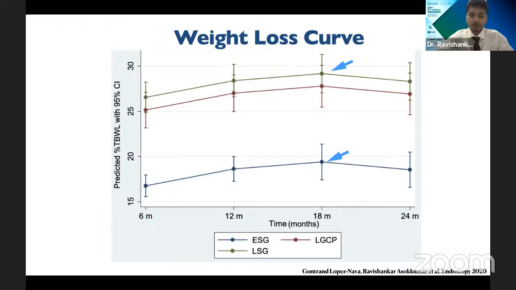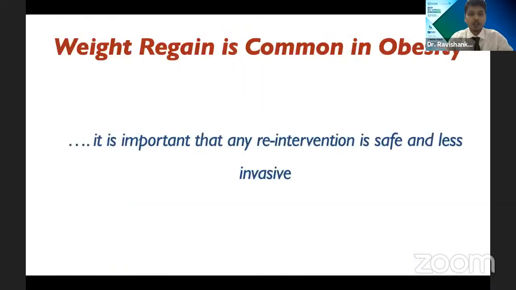Then again, we must be mindful that we are dealing with a chronic disease. The management of chronic disease is going to be continued reinforcement, continued treatment, rather than one treatment that can bring in a cure. So any intervention in this group of patients needs to be very safe and less invasive so that it encourages more patients to seek help if they experience weight regain.